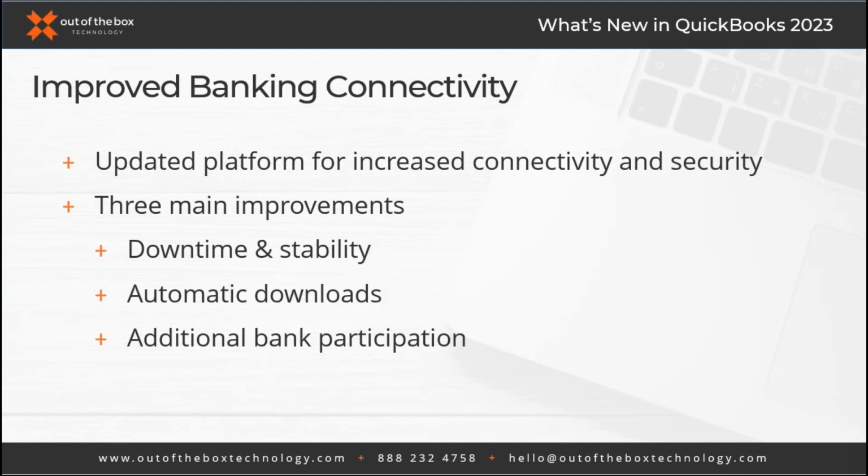One, the interruption, downtime, and stability of banking connections will improve, which we love for desktop because we know sometimes it can be a real challenge, I should say. Two, QuickBooks Desktop can be set up to automatically download the financial data at user-specific times, and it will capture the bank or credit card information. That's definitely new, where you can tell it, hey, upload at this time every day. That's an awesome feature. And three, the capability of setting up better banking connectivity with your bank feeds.